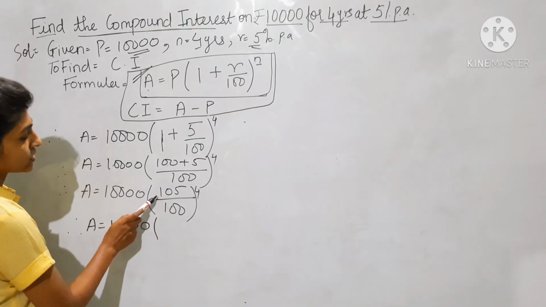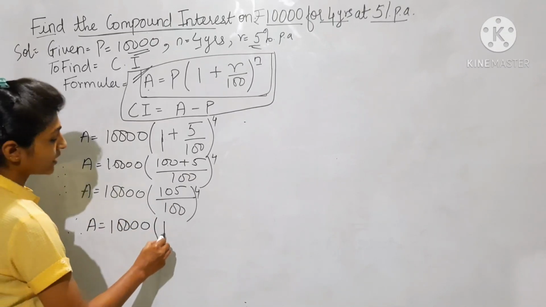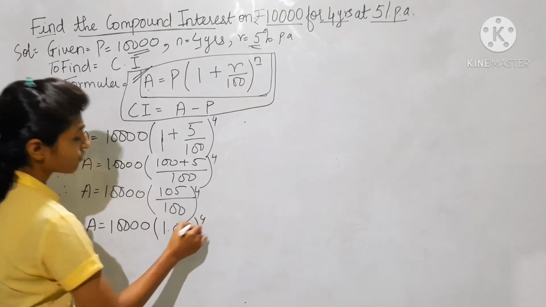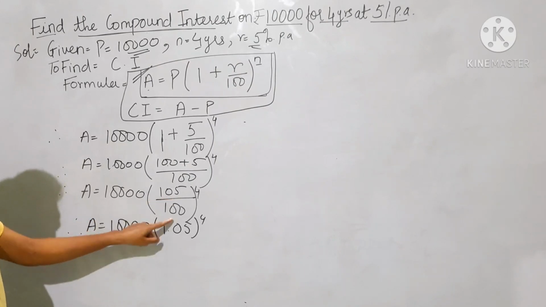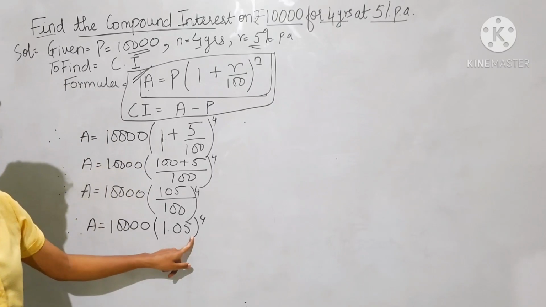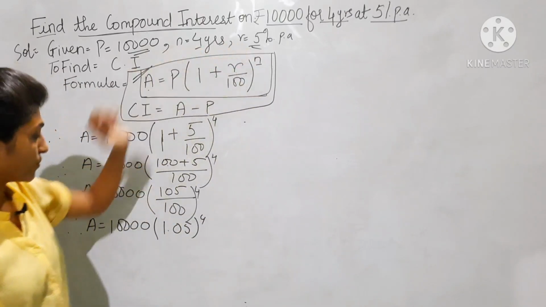Now divide this: 105 divided by 100, you will get 1.05 raised to 4. The 4 will be as it is because n is 4.